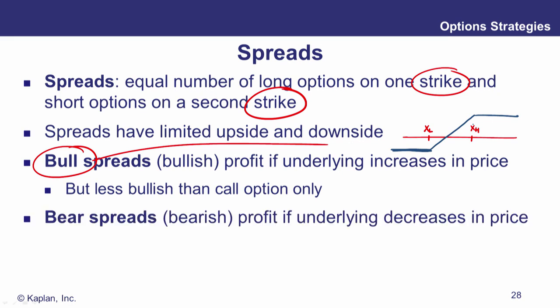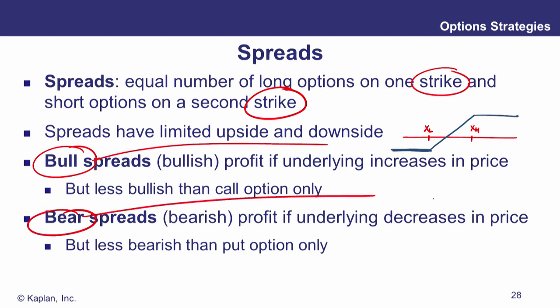A bear spread looks very, very similar, but it's moderately bearish. It profits if there's a decrease in price between the two strikes that are being used. So to construct the analogous kind of picture here, a bear spread is moderately bearish. There'll be a low strike, there'll be a high strike, and when you look at your bear spread net payoff, it will look like this. It will win as the underlying falls.